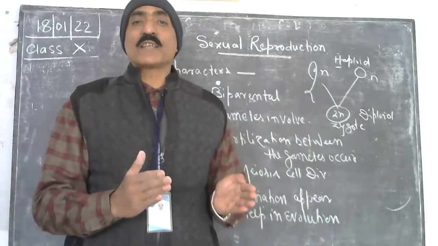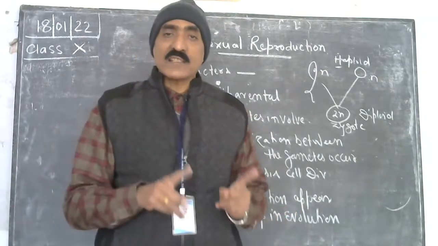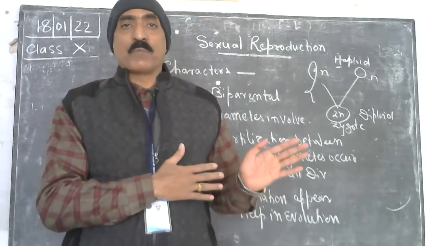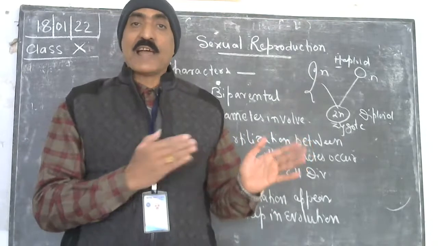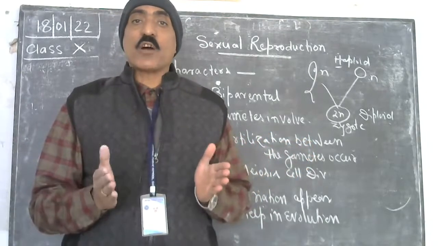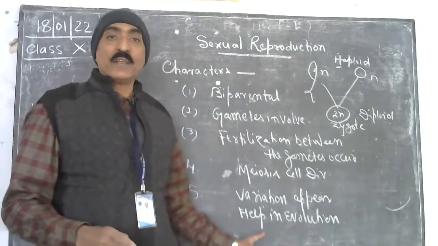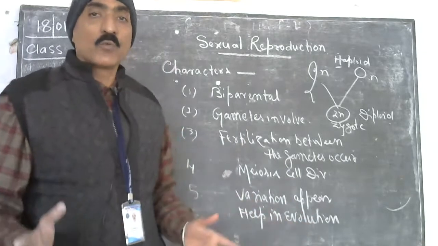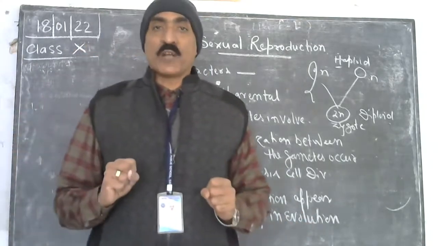And such accumulation of a large number of variations in a certain organism completely changes the organism from its previous forefathers, and that is actually the foundation of evolution. So sexual reproduction helps in evolution. So these are the 5 or 6 features of the reproduction.